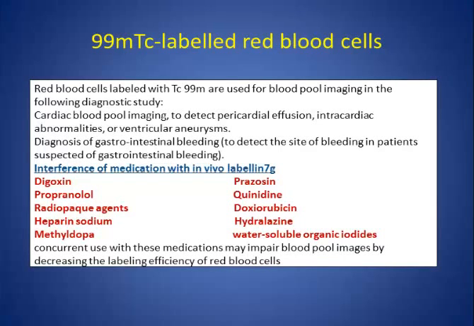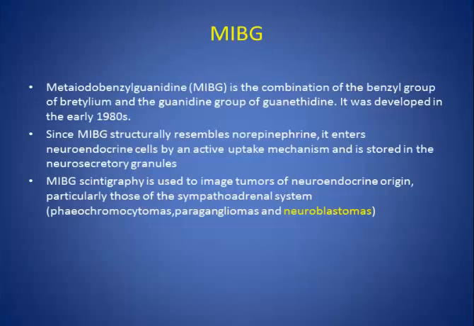So blood cell medication might interfere with labeling of the RBC. So MIBG is a combination of a benzyl group, guanidine and iodine. It was developed in the early 80s, and it structurally resembles norepinephrine.